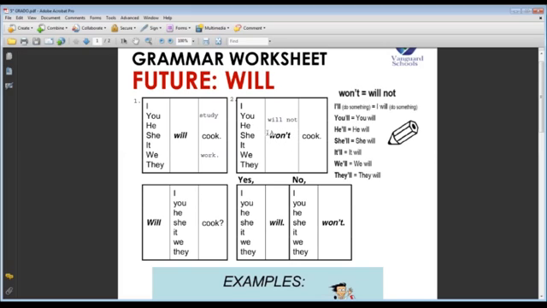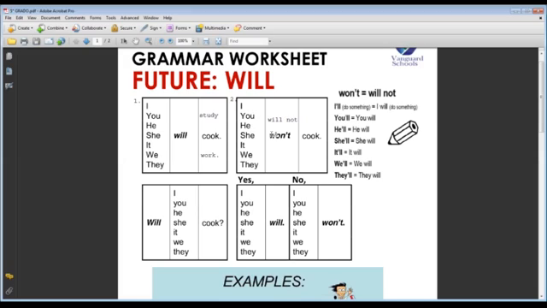Okay, el significado cambia a negativo. Okay, si yo creo esta oración, I will study, yo estudiaré, en la forma negativa, ya no voy a utilizar will, tengo que utilizar won't.